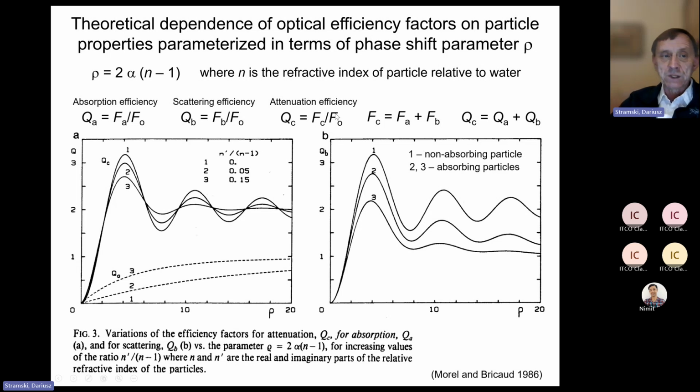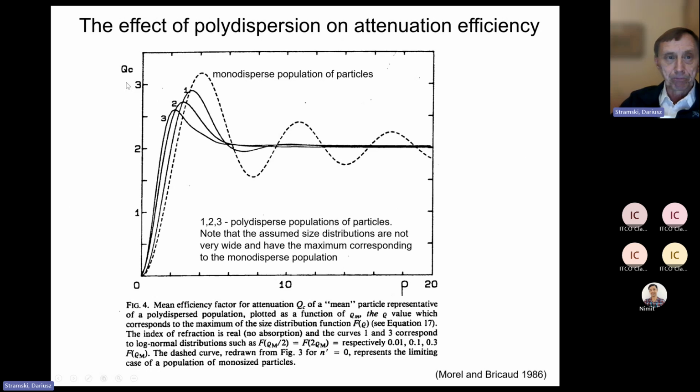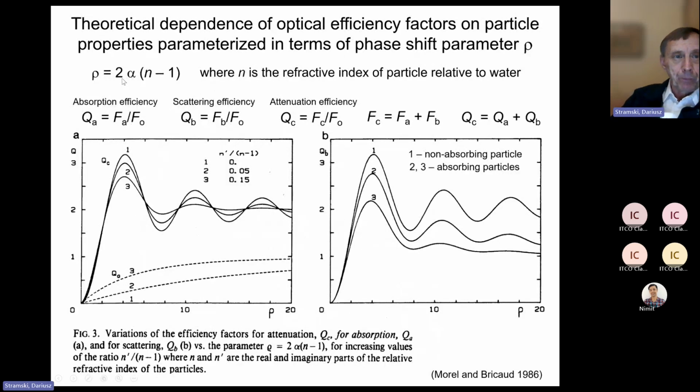So in these two graphs, I'm illustrating Q_a, Q_b, Q_c as a function of one parameter that combines several characteristics of the particle, and this parameter is referred to as ρ. It is called the phase shift parameter. Without going into details of why it is called phase shift, I will just define the components of this parameter ρ.